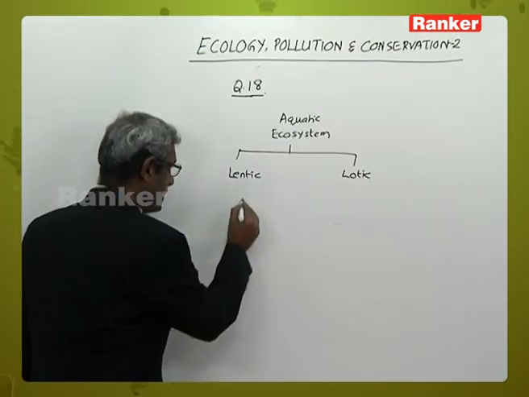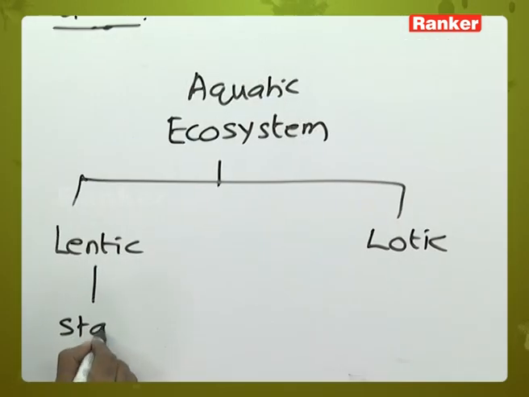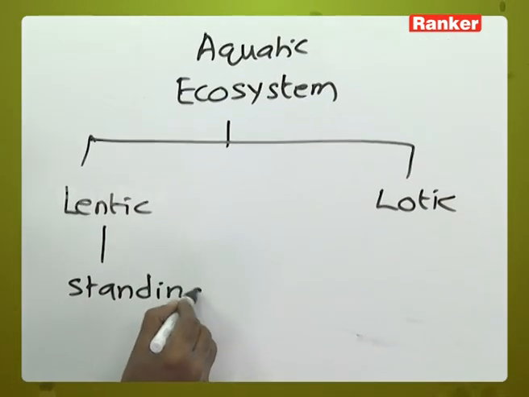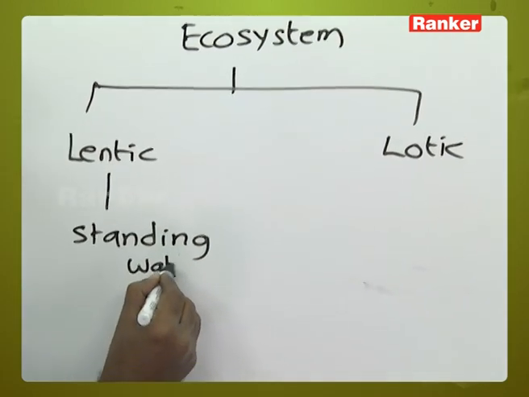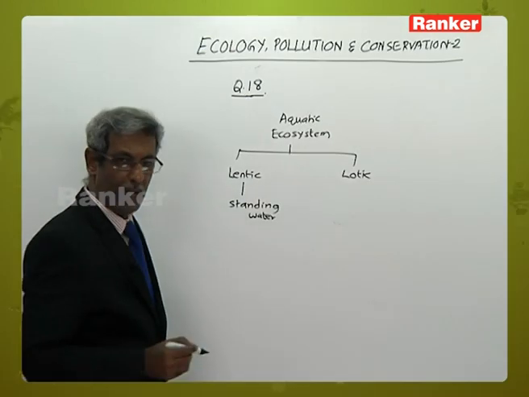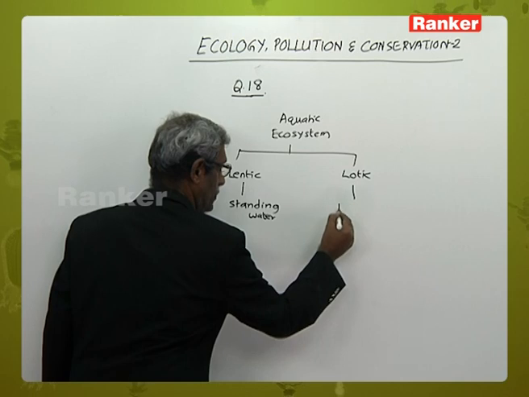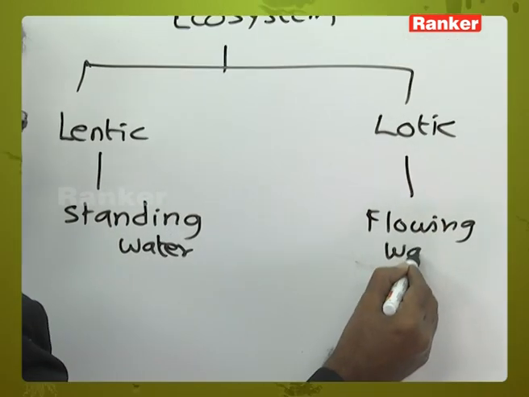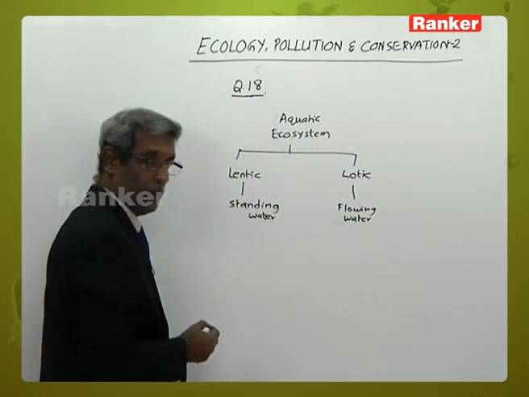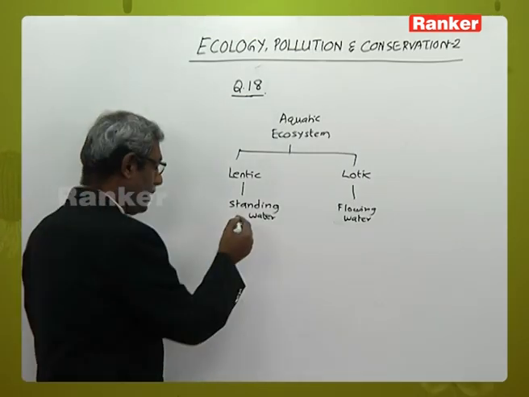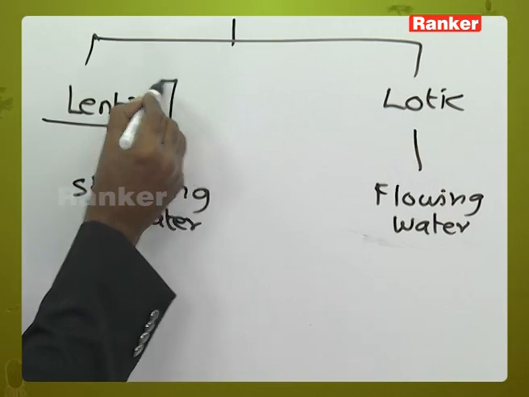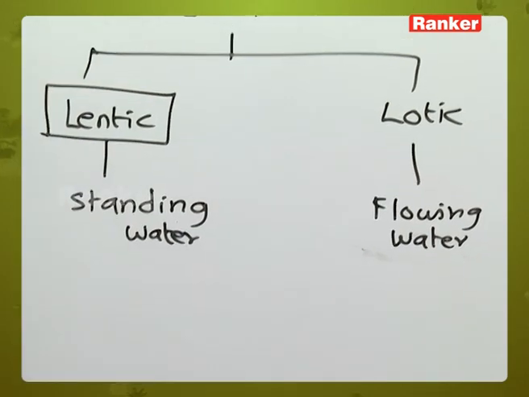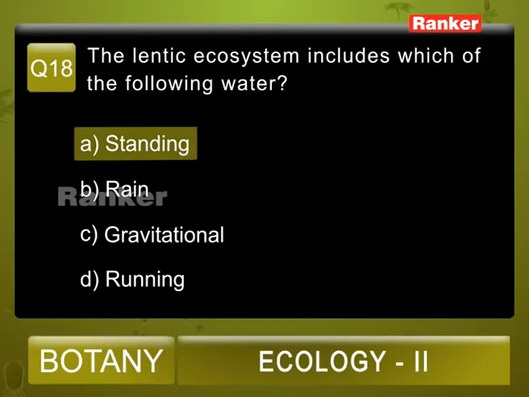Now, lentic ecosystems are standing water ecosystems, whereas lotic ecosystems are flowing water ecosystems. So, any sort of a standing water ecosystem is predominantly called a lentic ecosystem. The answer is A.